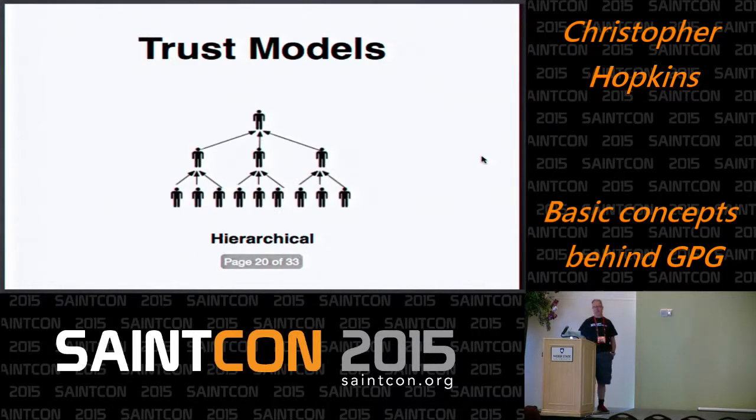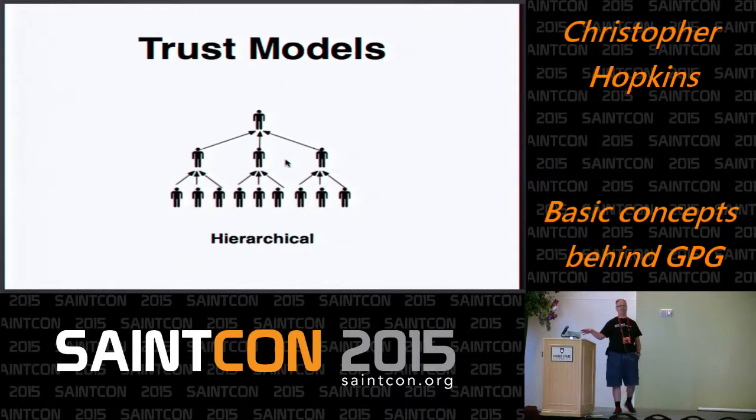Another model that's common in organizations, businesses, hierarchies, is basically the normal hierarchy, right? Say, for example, if you use TLS, SSL on the web, pretty much the framework for trust is a hierarchy. You have these roots, you have intermediates, and then you have every website at the bottom.